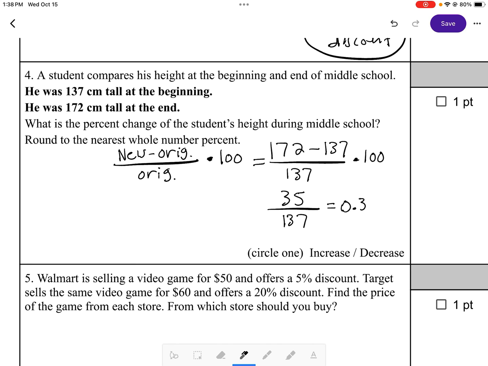That's the nearest tenth. And then I'm going to multiply that number by 100. So 0.3 times 100, that gives me 30. So it's a 30%, and he grew, right? So he went from 137 to 172. So that's a 30% increase in height.